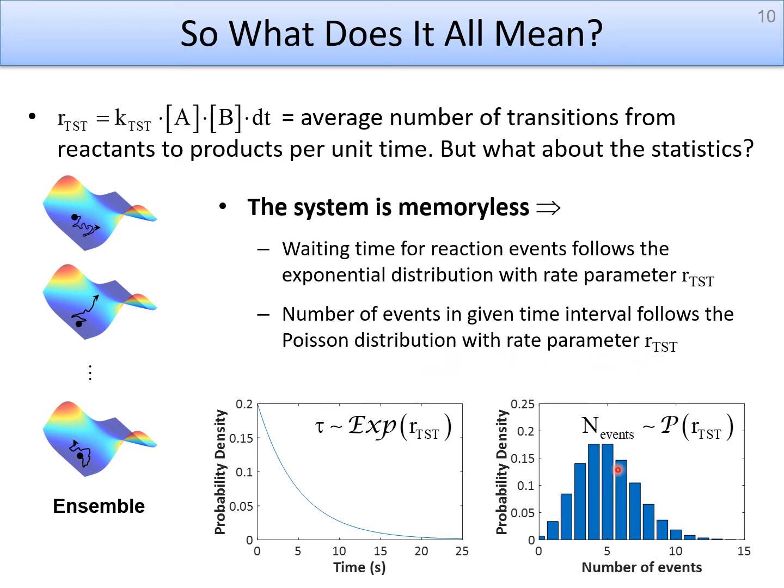An example plot of the Poisson distribution is shown here. This is a discrete distribution, right? So the number of events follows the Poisson distribution with this rate constant.